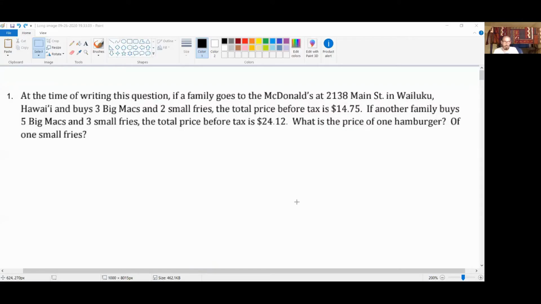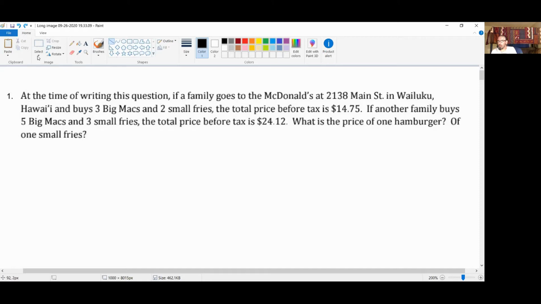In this first one, we're told about two different families going to a McDonald's in Hawaii, and the first family pays a total of $14.75 for 3 Big Macs and 2 small fries, whereas the other family is paying a total of $24.12 for 5 Big Macs and 3 small fries. We want to know what the price of the Big Macs and the small fries are.